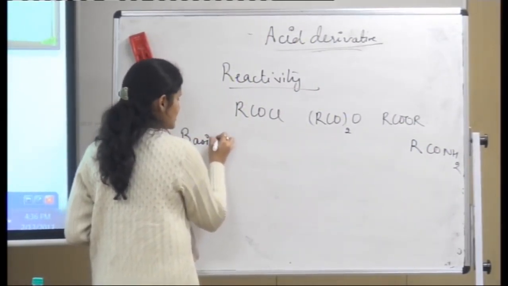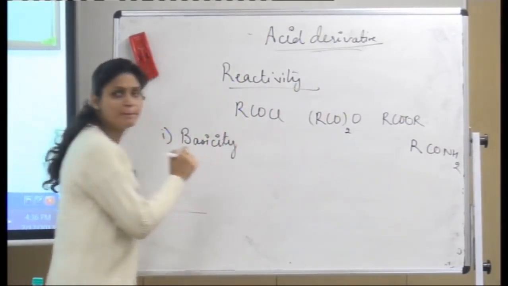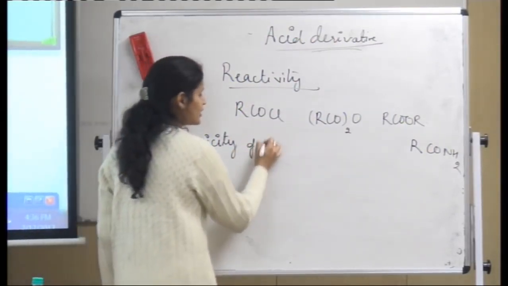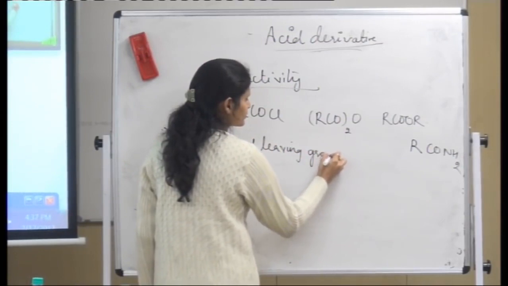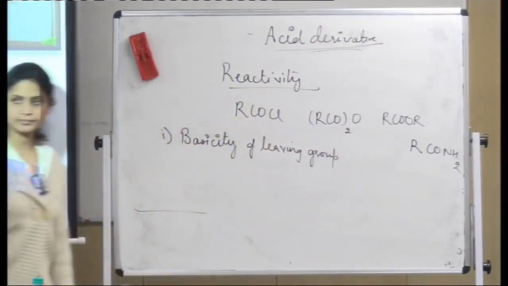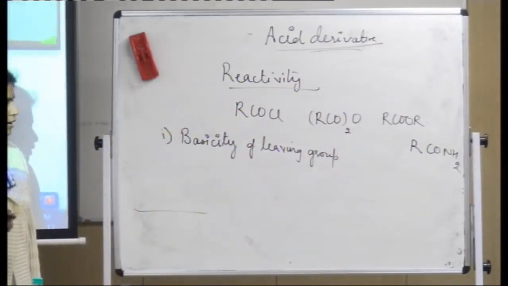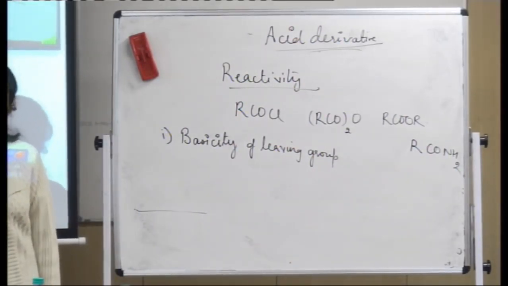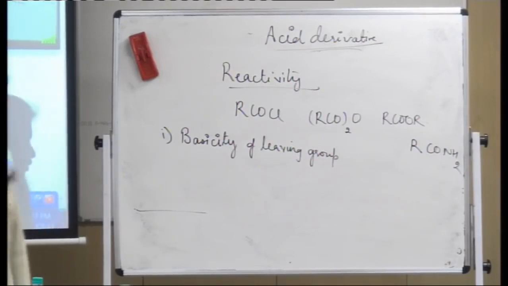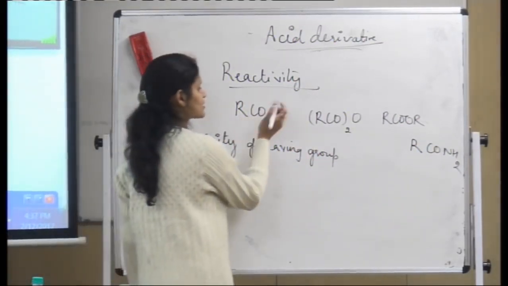The first reason we should consider is the basicity of the leaving group. Whenever you say basicity, anything which has a lone pair of electrons that it can give away is known as a base. In this case, which is a base?